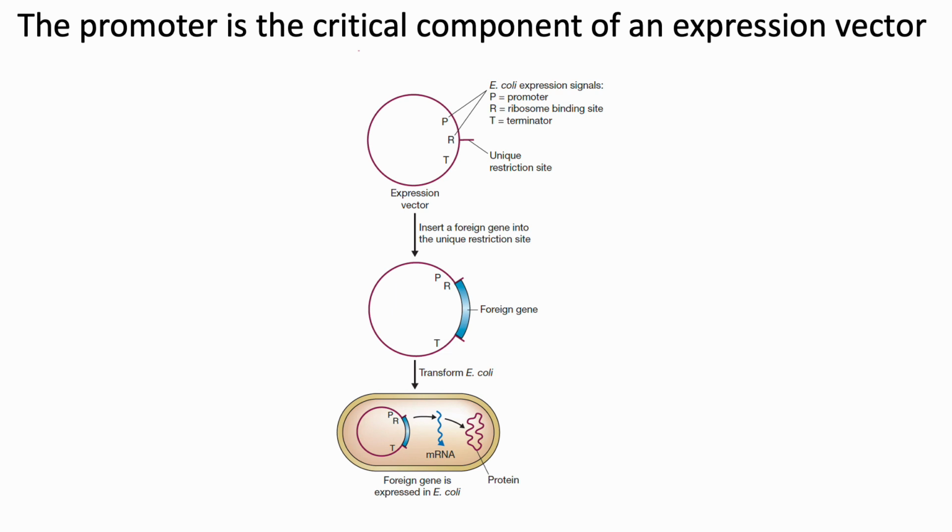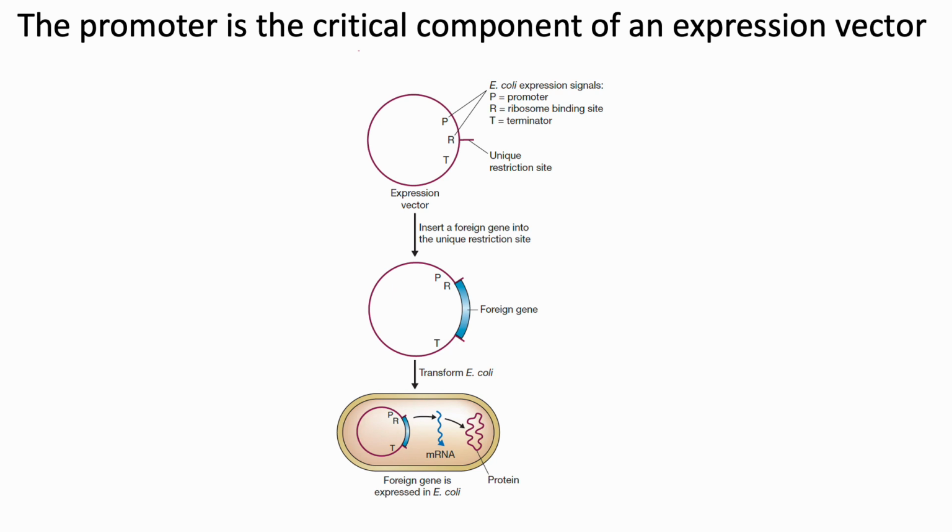Therefore, the amount of recombinant protein obtained depends to a great extent on the nature of the promoter carried by the expression vector. Here we can see the pictorial representation of our expression vector, and a specific gene is cloned within the expression vector, and the vector is transformed into E. coli for gene expression.